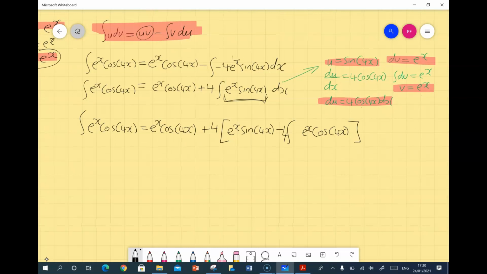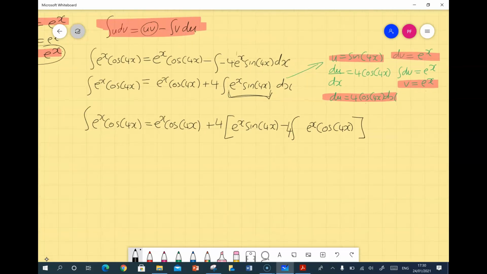Okay, alright, so we've got our brackets. So we've got our integral of e to the power of x cos of 4x equals e to the power of x cosine of 4x.